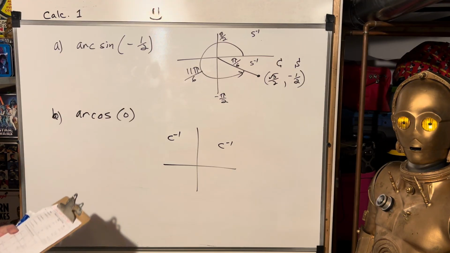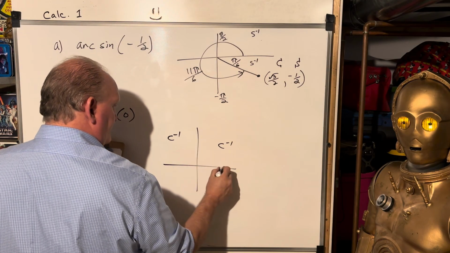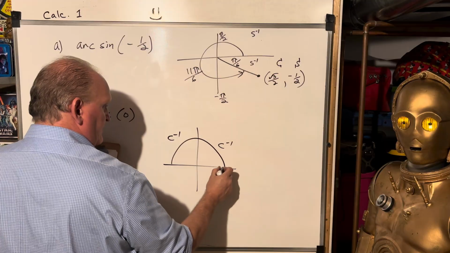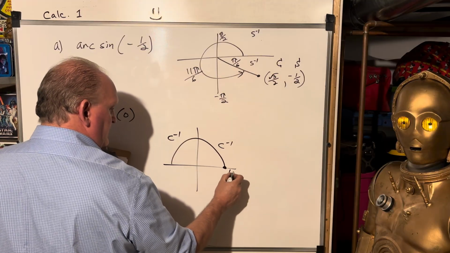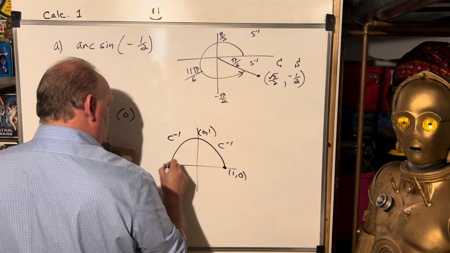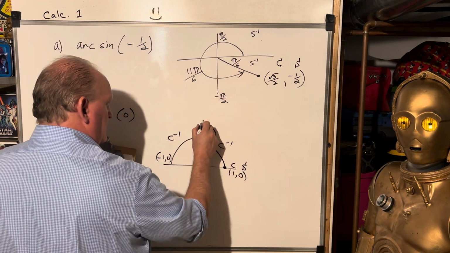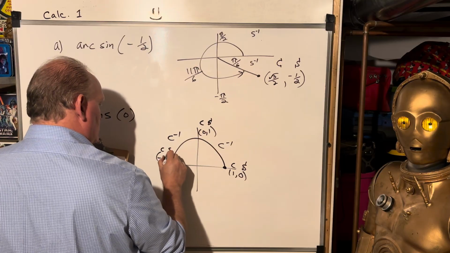And so when we look at that, right, coleslaw, we got 1, 0, 0, 1, negative 1, 0, but slaw.